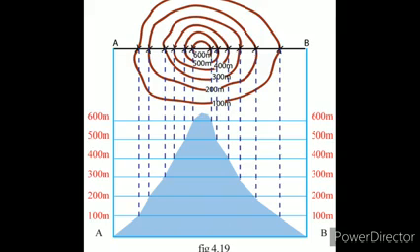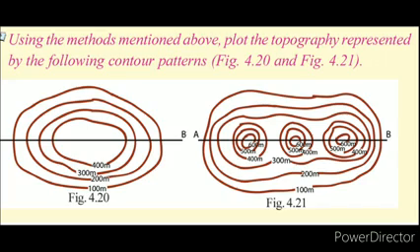For getting more details, you must read your textbook twice or thrice. That's better for getting the details. This is a worksheet for you, and draw the shape of landform in your notebook by using these two contours.